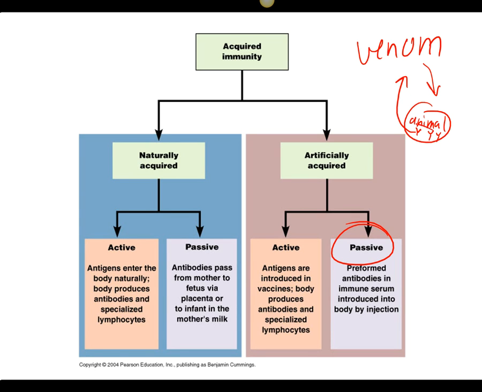So then we remove those antibodies from the animal and we make some sort of serum solution. And this serum is what we call the antivenom. If I get bit by a snake, I can now inject this into my body and it already has antibodies in it. Not my own, somebody else's.